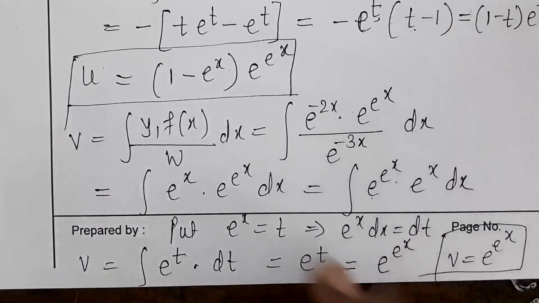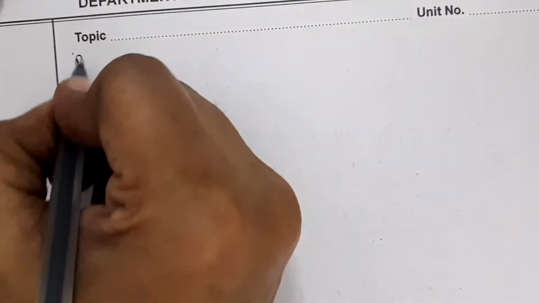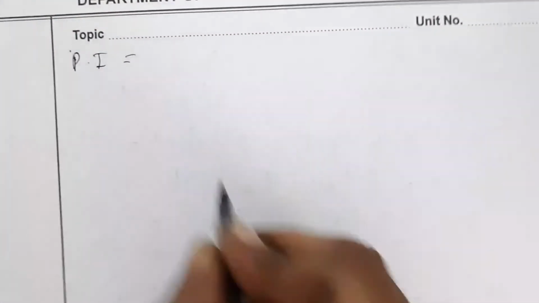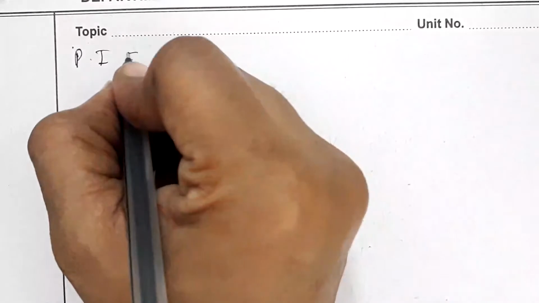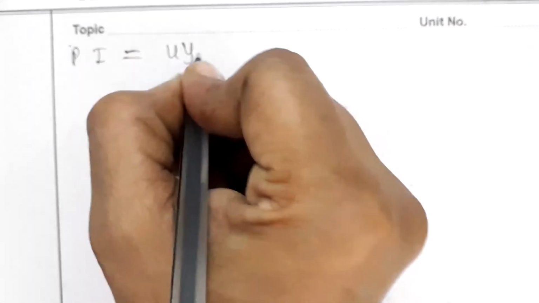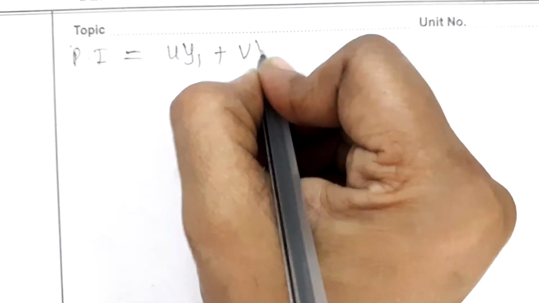Now substituting this u and v in the particular integral, so PI is equal to u into y1 plus v into y2.